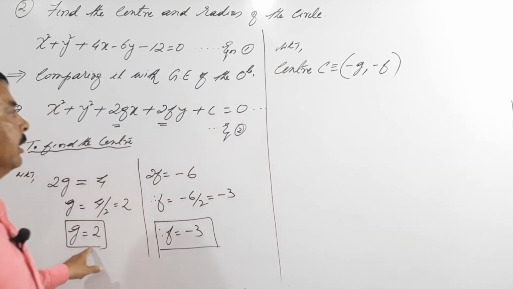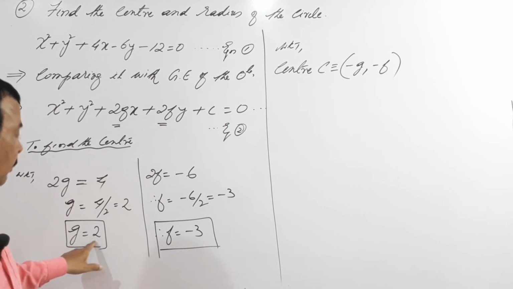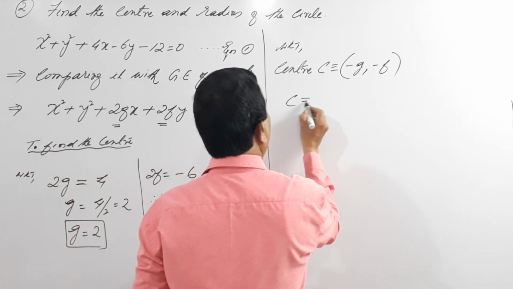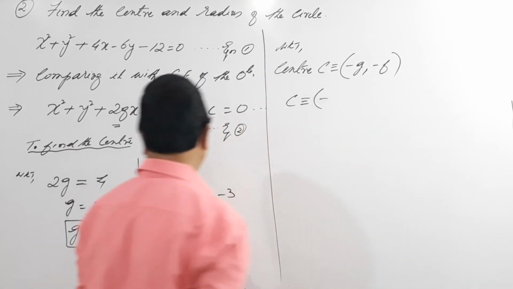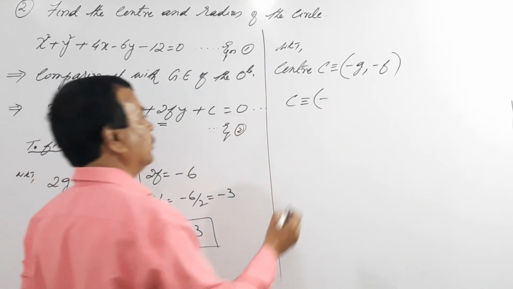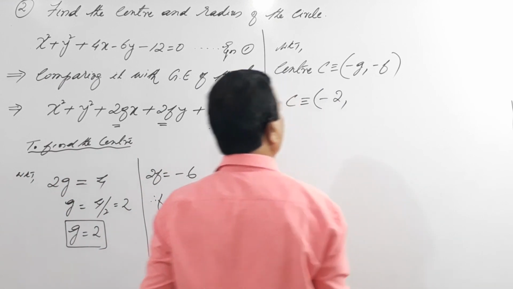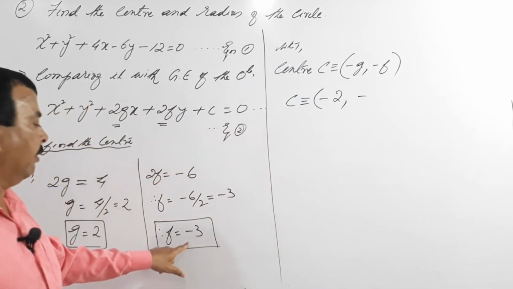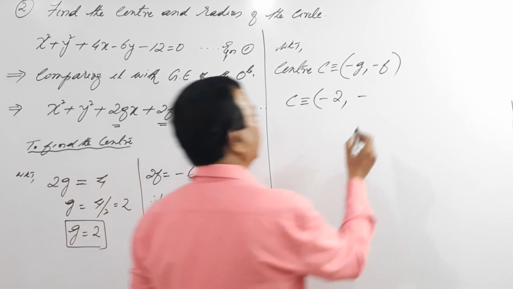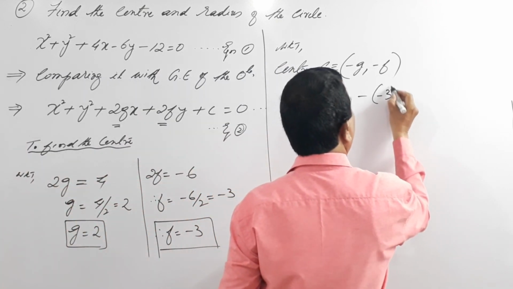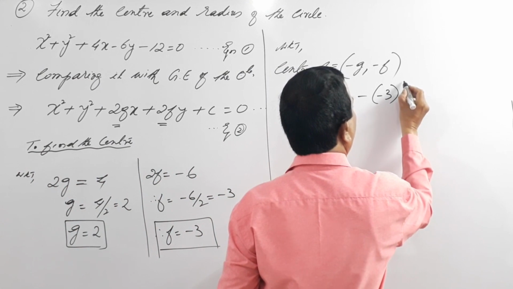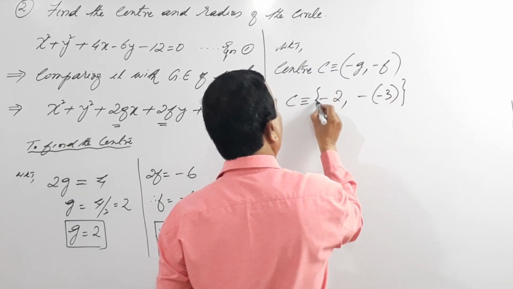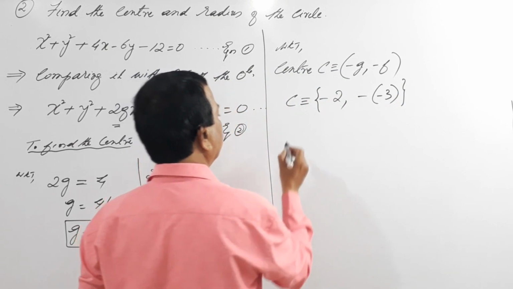So what is g here? Plus 2, but we have a minus, put that minus. That is c will be minus, what is the value of g? It is 2, comma, put this minus as it is. What is the value of f? It is minus 3. So since a common bracket is there, I'll use a floor bracket. So what happens to this?